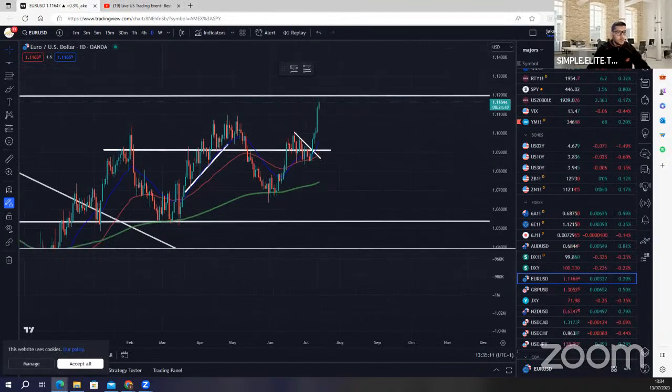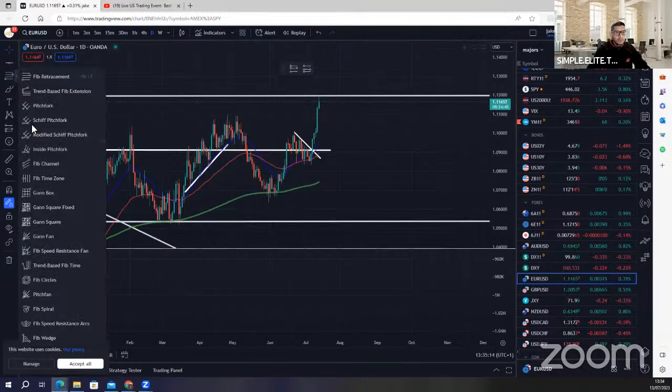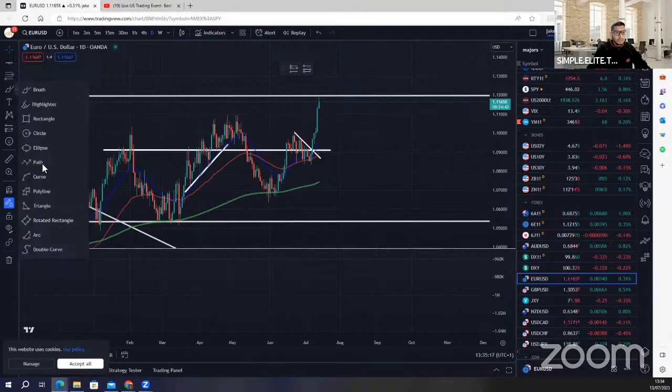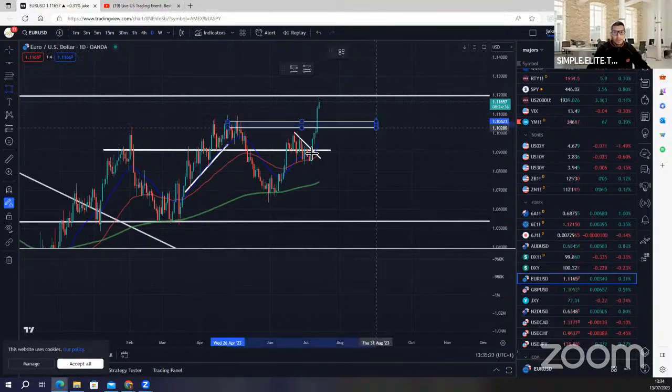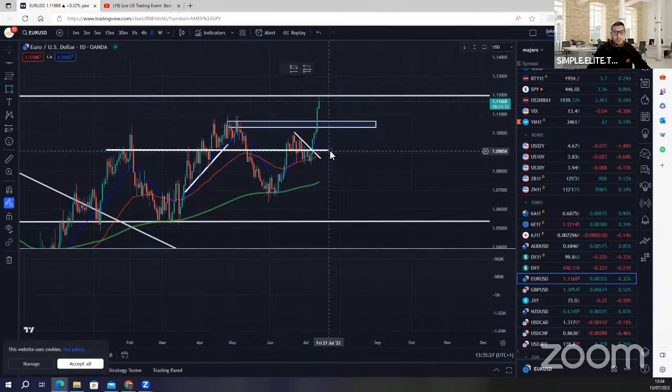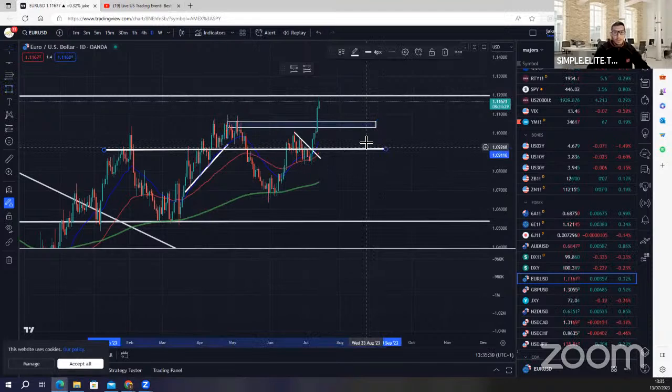Maybe we're going to have 2 areas to check when price comes back. The first area will be here. The second area will be in this support area here.